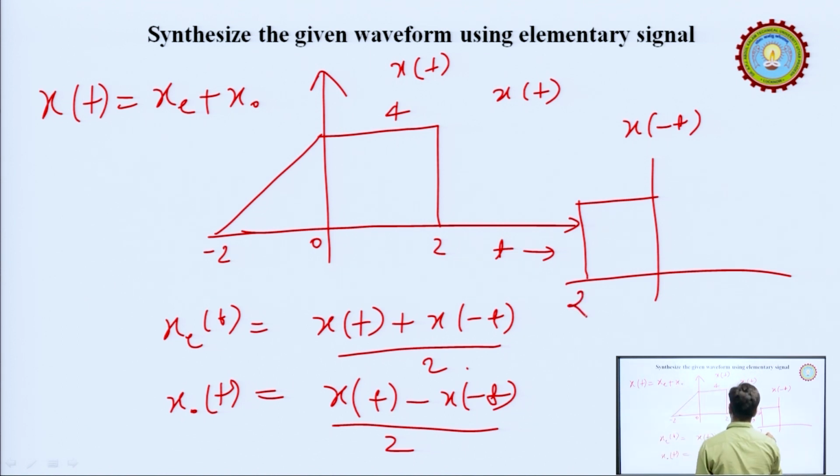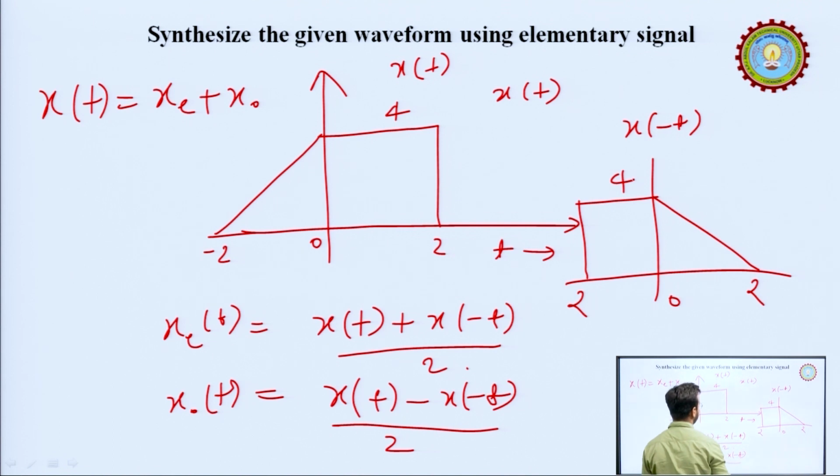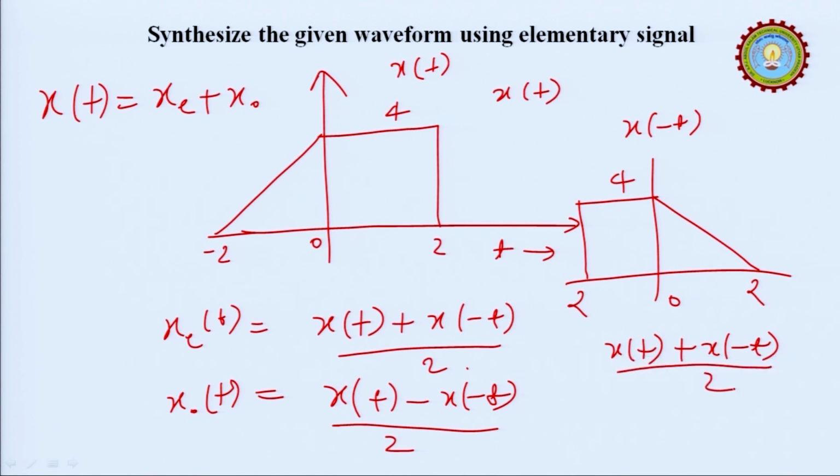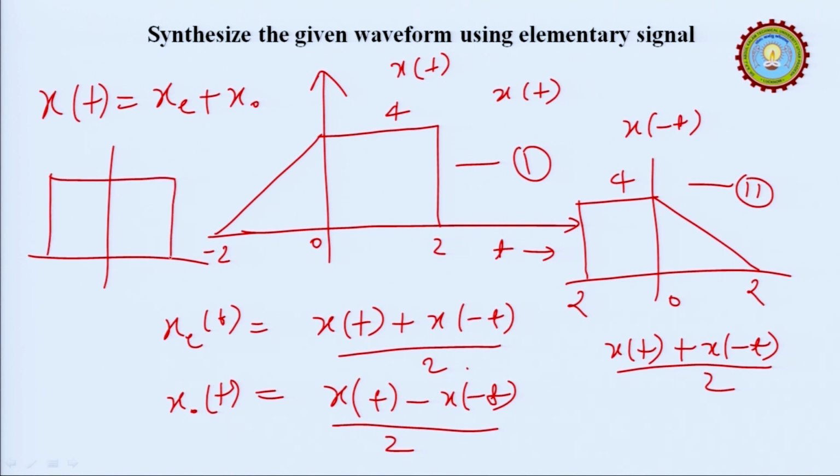So the time reversal will be like this, x(-t). Now if you add the signals, x(t) plus x(-t), by 2, what will you get? You will get the even part. Adding 1 and 2 will give a signal like this.